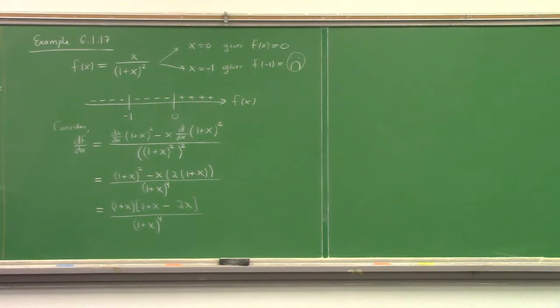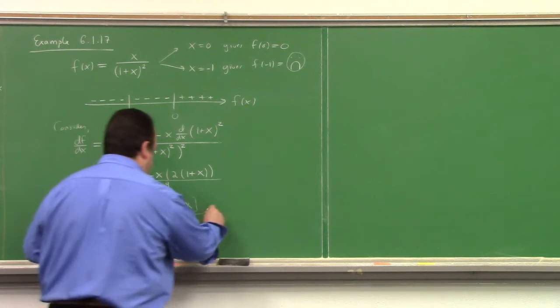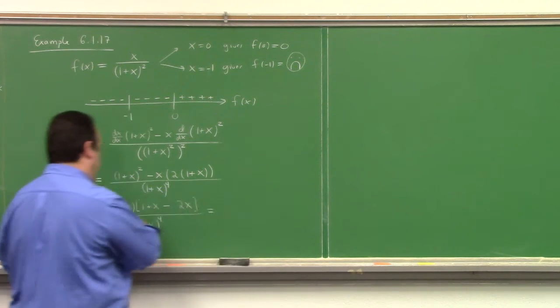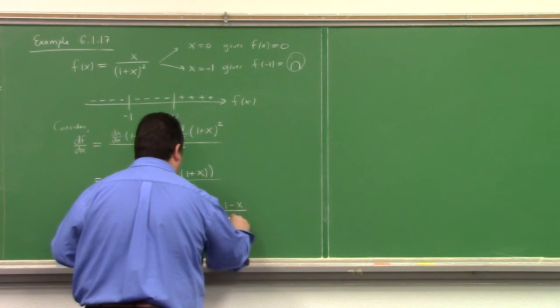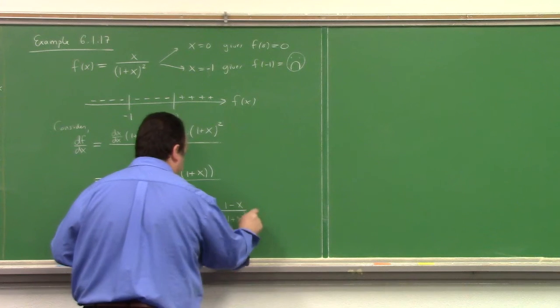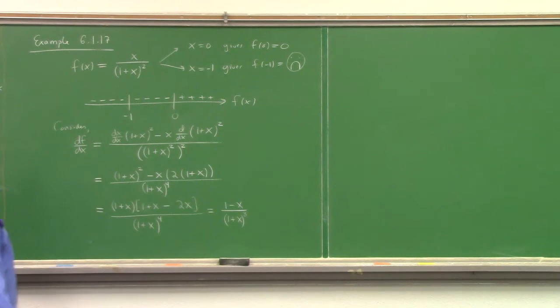So I can reduce one of the factors in the denominator, and I can get myself 1 minus x divided by (1 plus x) cubed, yeah? Which looks a whole lot nicer than our second line, doesn't it?